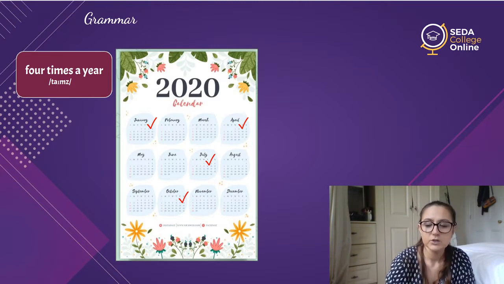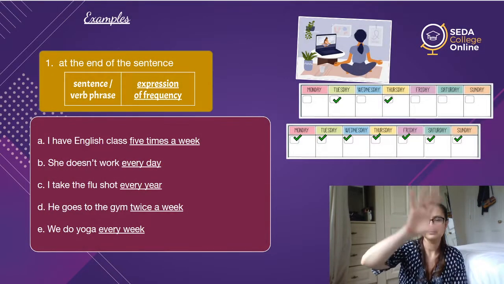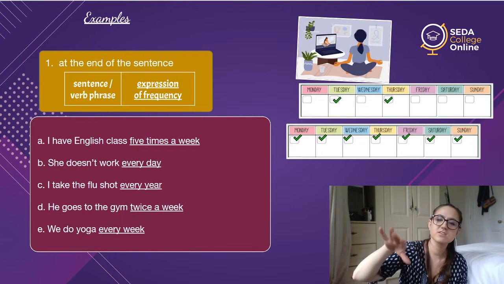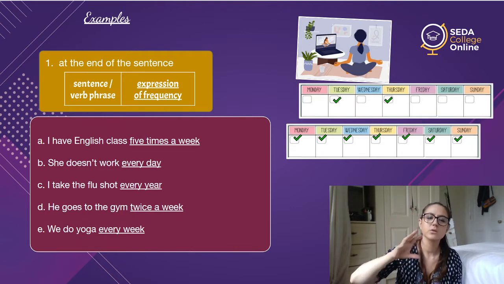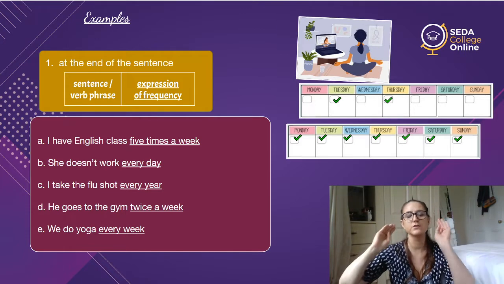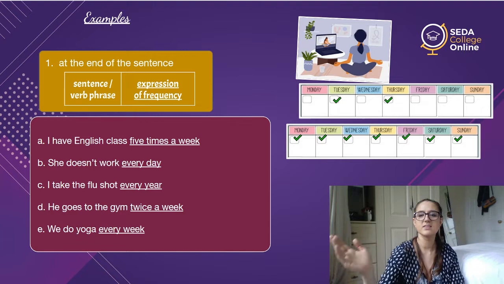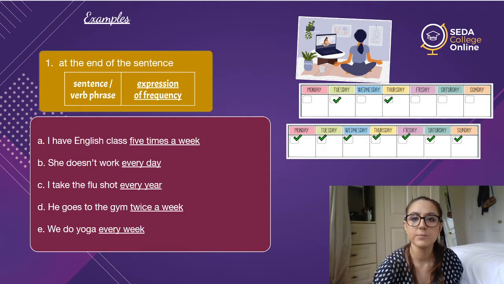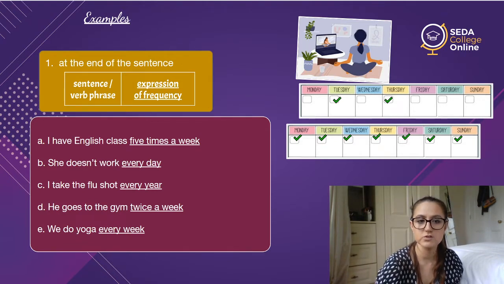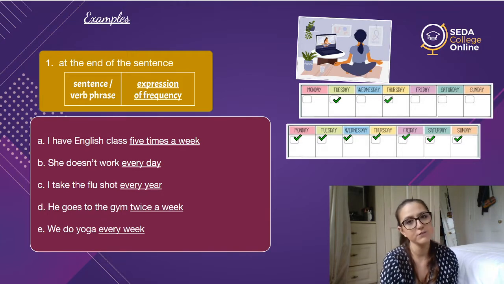So I'll explain to you now how to put that in a sentence. So we have here expressions of frequency go at the end of the sentence. So you have your sentence, your verb phrase, and then your expression of frequency, like all the others you learned before. So letter A, I have English class 5 times a week. So that happens 5 times a week.